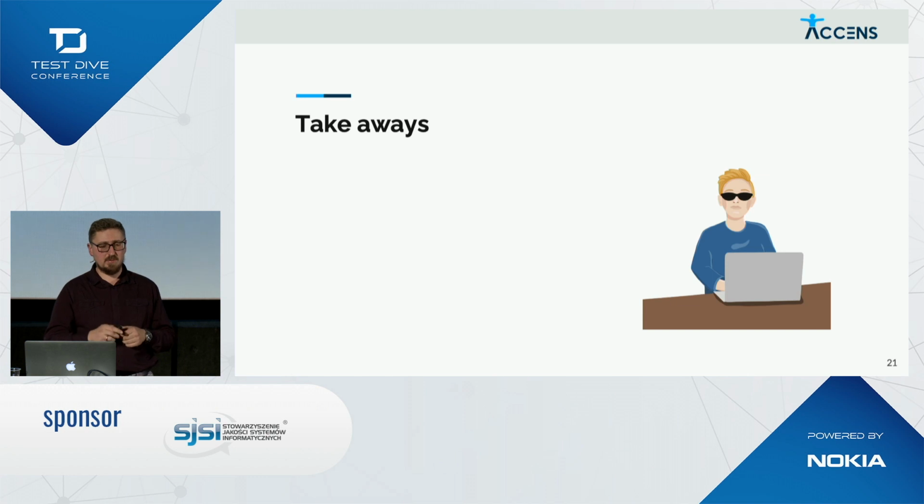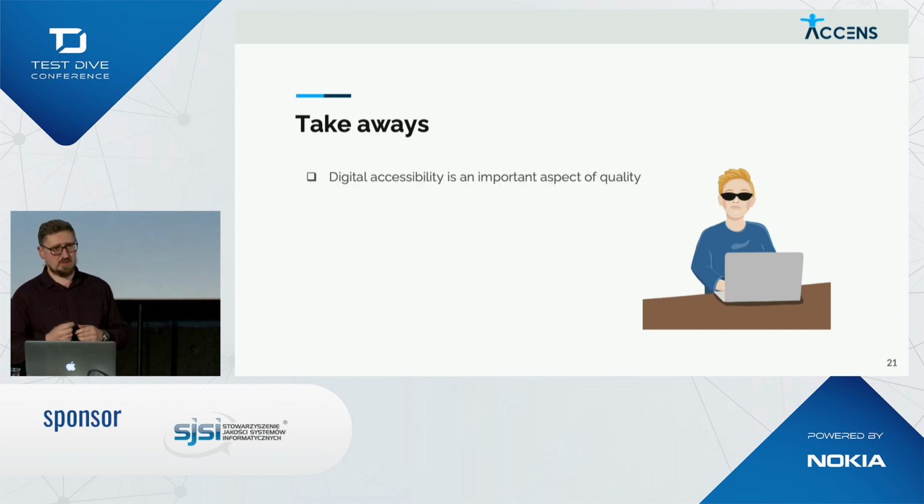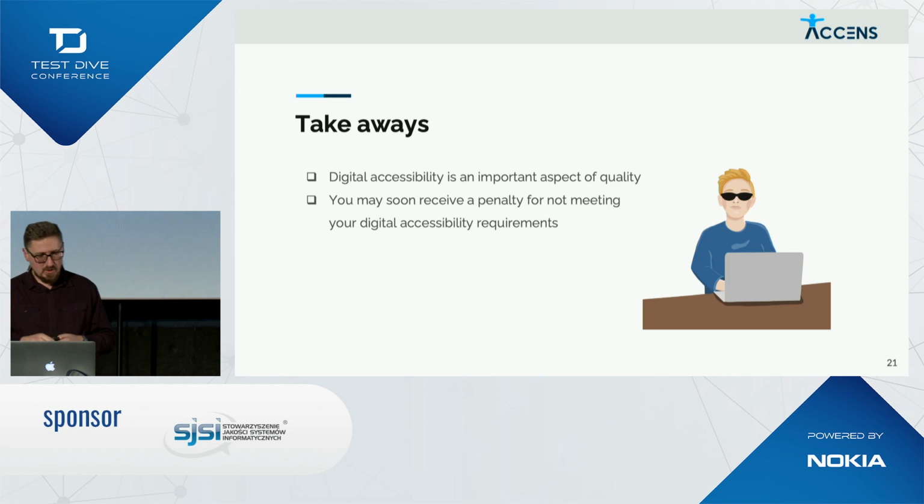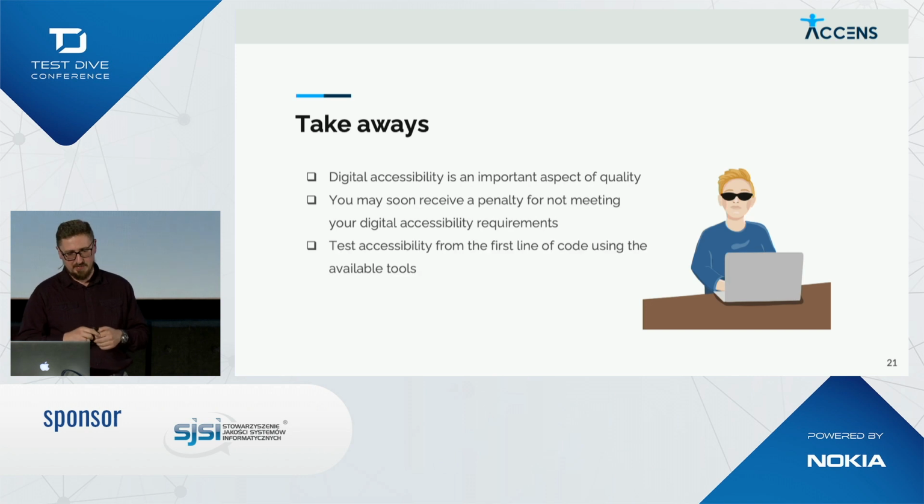So, a couple of takeaways. One, digital accessibility is an important aspect of usability. If you think about usability, there has to be digital accessibility. You may soon receive a penalty, so be careful. Test accessibility from the first line of code using available tools. You saw that there are a number of tools you can use from the beginning.